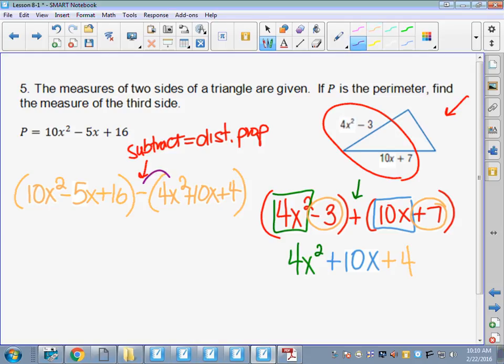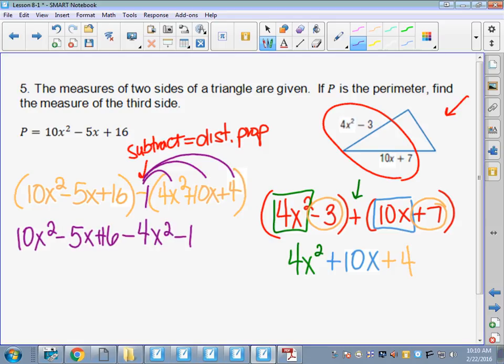So I'm going to take that negative and multiply it, or remember it's like -1. So bring your first parenthesis down, nothing changes. 16 minus 4x to the second minus 10x and minus 4 when I distribute the -1 to all 3 things.